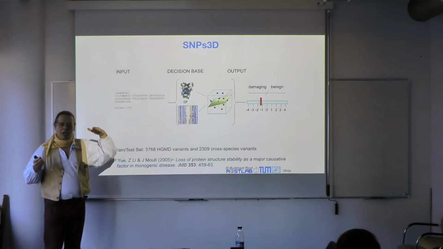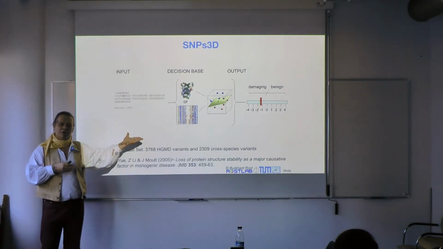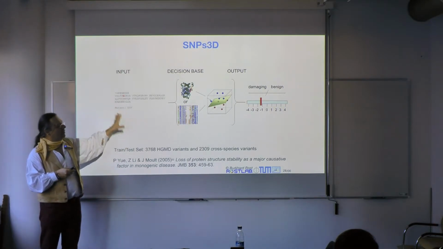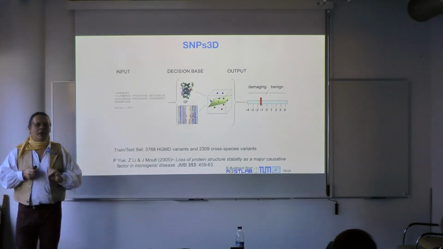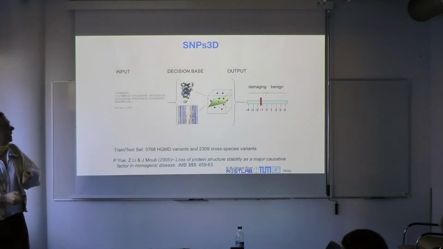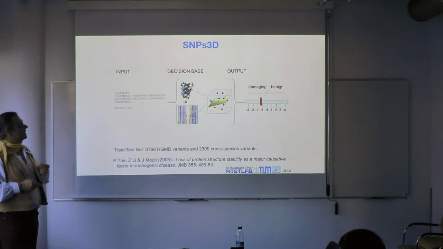So whether that mutation is on the surface or inside will make a difference with the way you treat it. Once you have the three-dimensional structure, you can in fact also compile some energy potentials that have to do with proximity of residues in three-dimensional space, and SNPs3D is exactly based on using all this type of information.